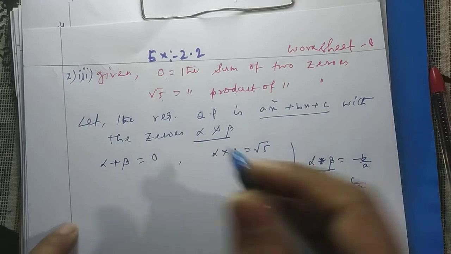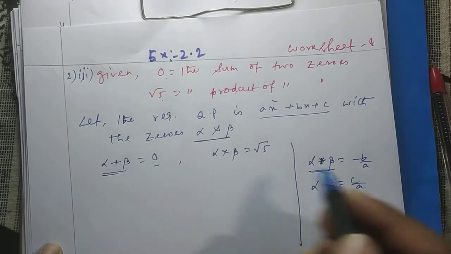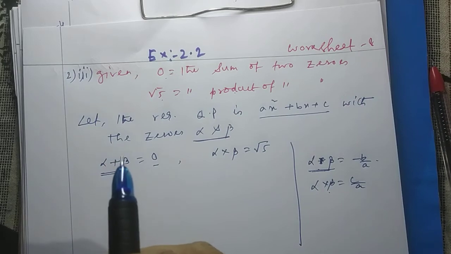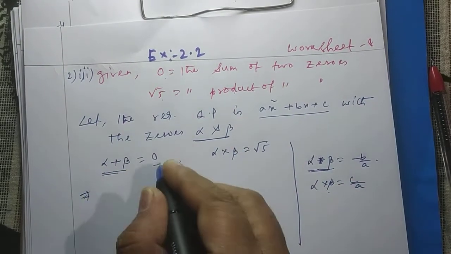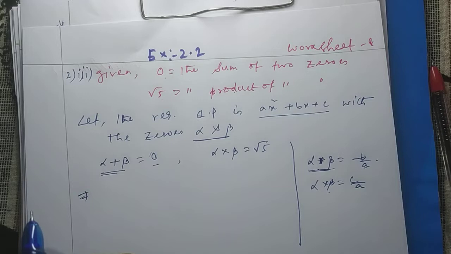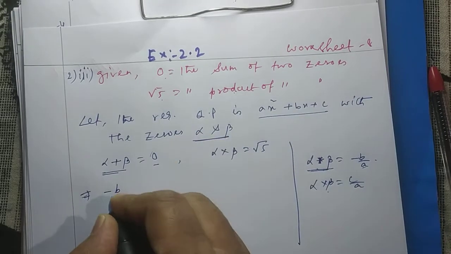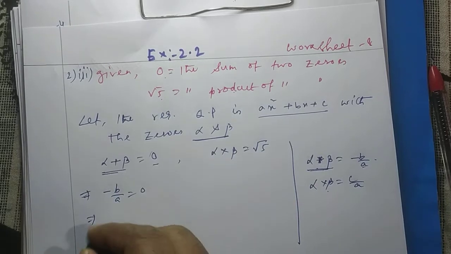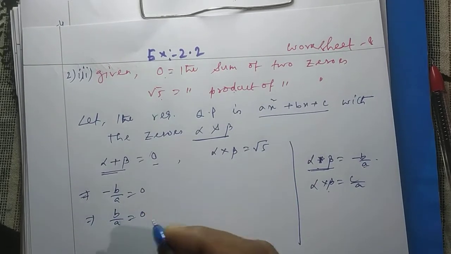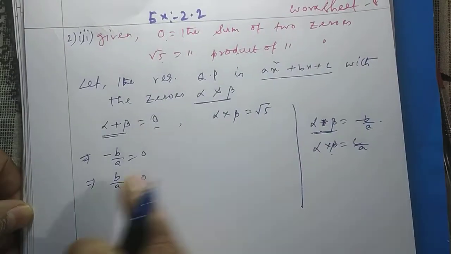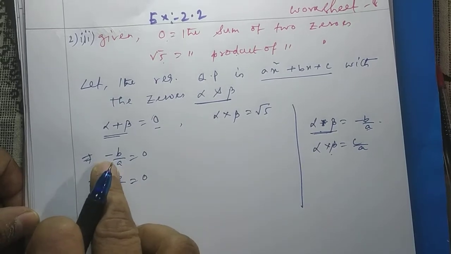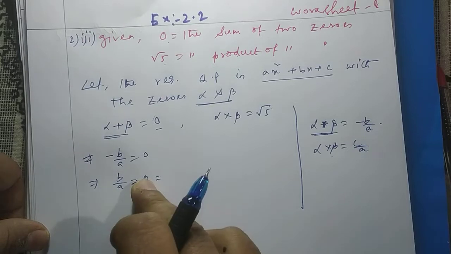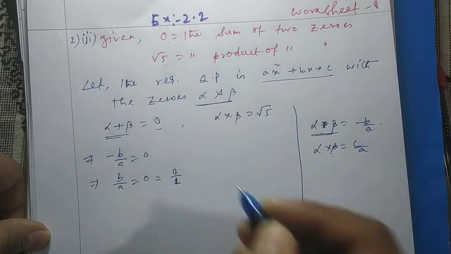Now here alpha plus beta equal to 0 and here alpha plus beta equal to minus b by a. So we can say both will be the same. Correct? So minus b by a will be 0. So b by a will be 0 because we are multiplying by -1 on both sides to remove the minus. Now this 0 can be written as 0 by 1.